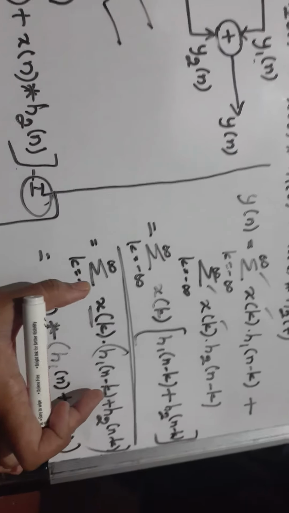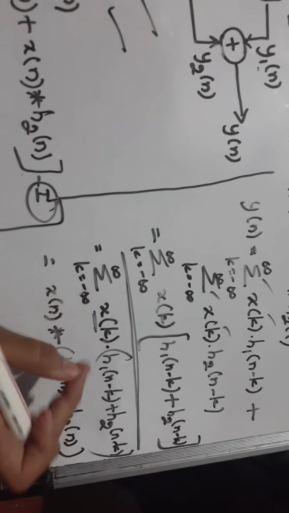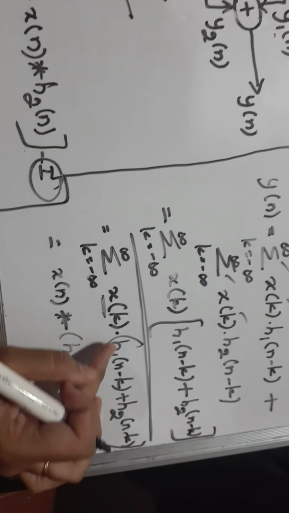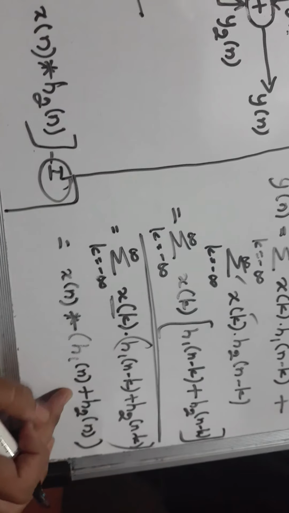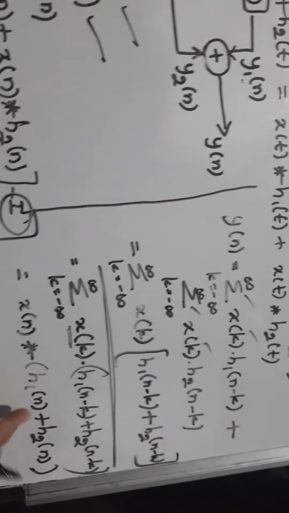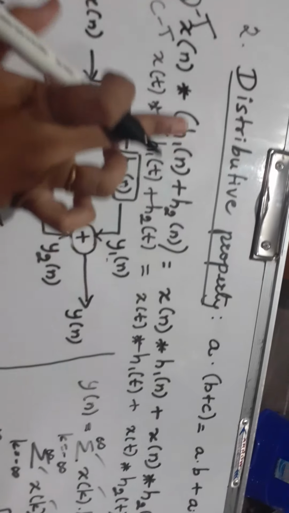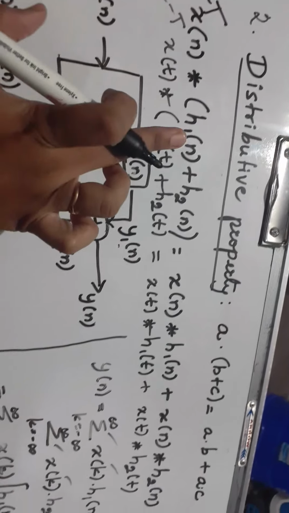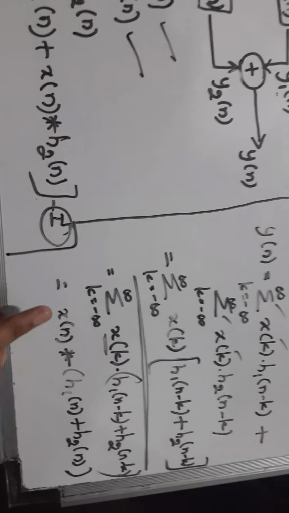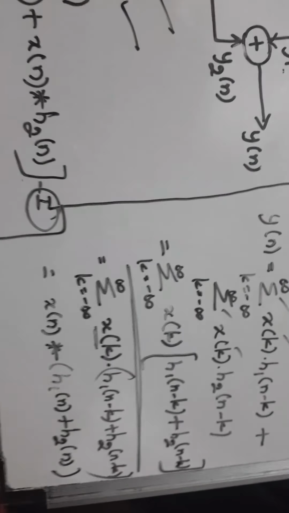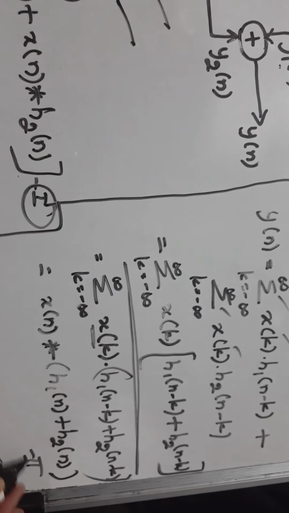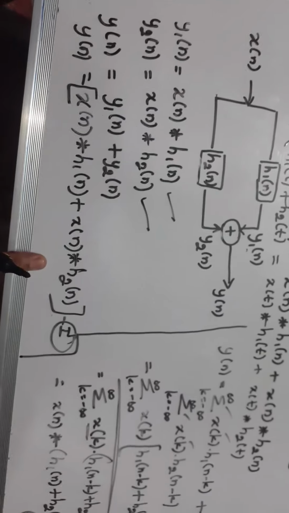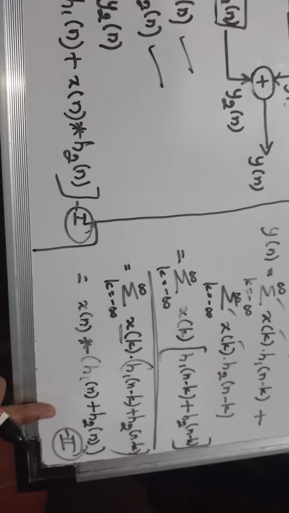Now this is again a convolution sum formula. So we have written first signal x convolved with second signal h1 plus h2. If you observe this, it is your distributive property's LHS: x of n convolved with h1 plus h2. So we started with RHS, we ended with LHS.